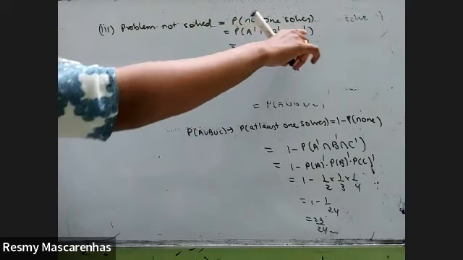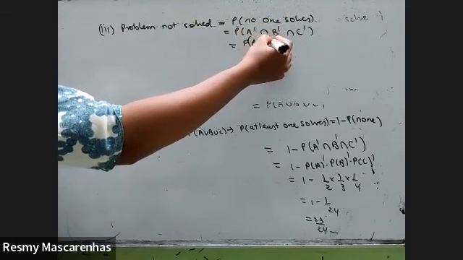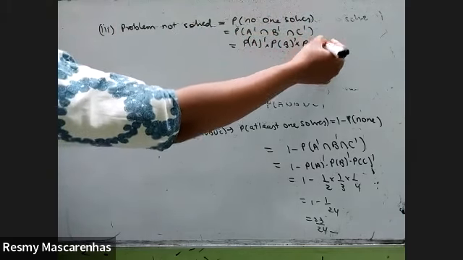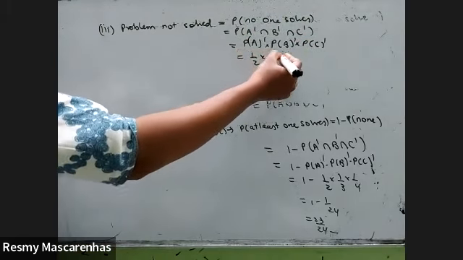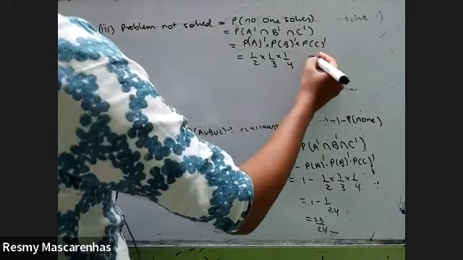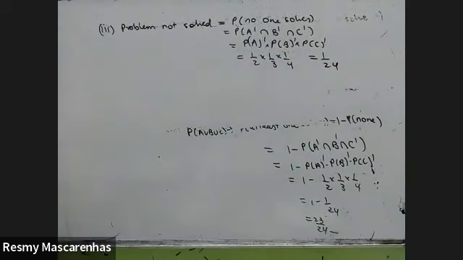Neither A solved, nor B solved, nor C solved. So 1 by 24 will be the answer.